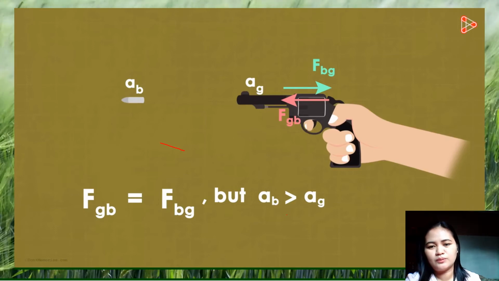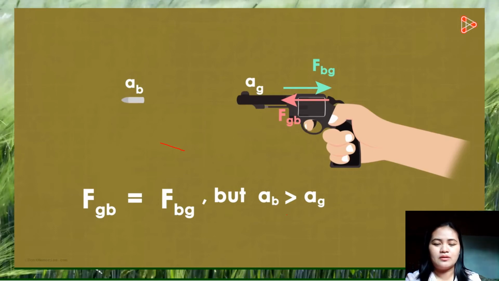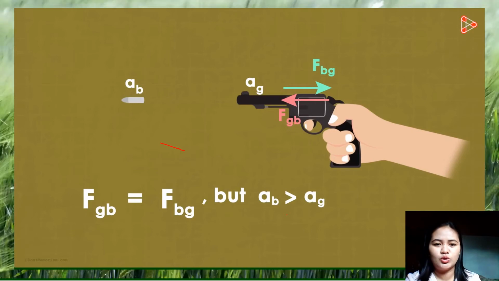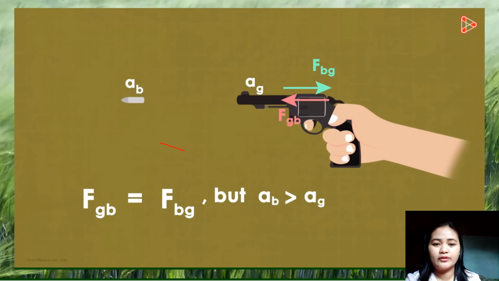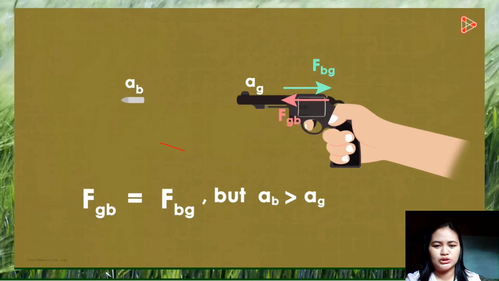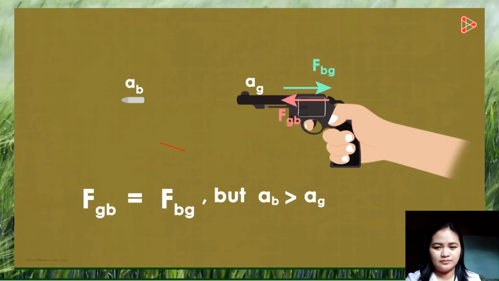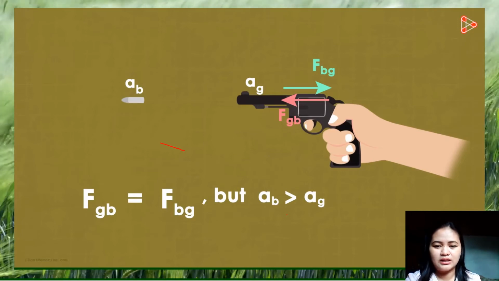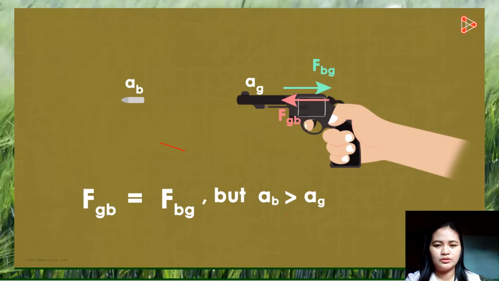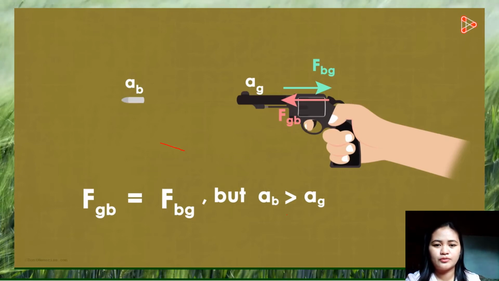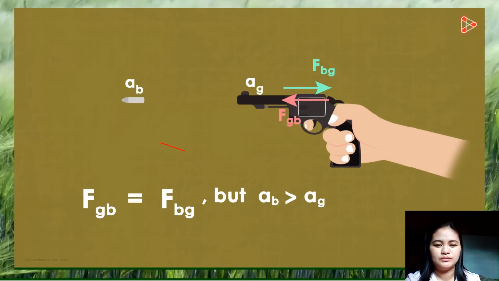The gun recoil pushes outward. Pero bakit daw lumabas pa rin yung bala? It has something to do with their different accelerations. Which has greater acceleration? It's the bullet than the gun recoil. So it was able to escape or come out from the gun. Okay, let's continue.